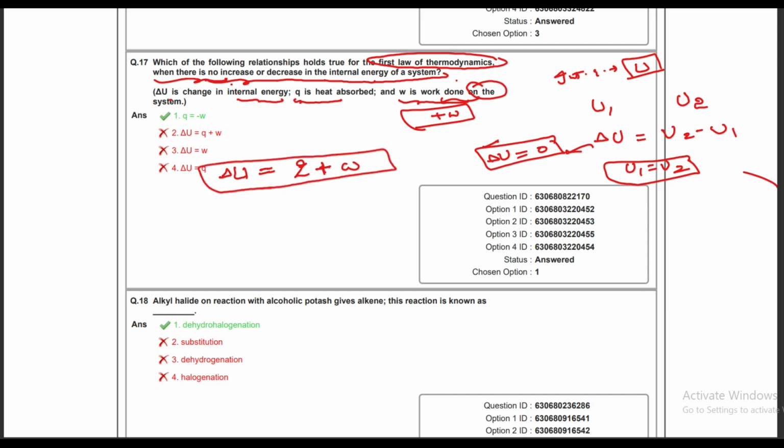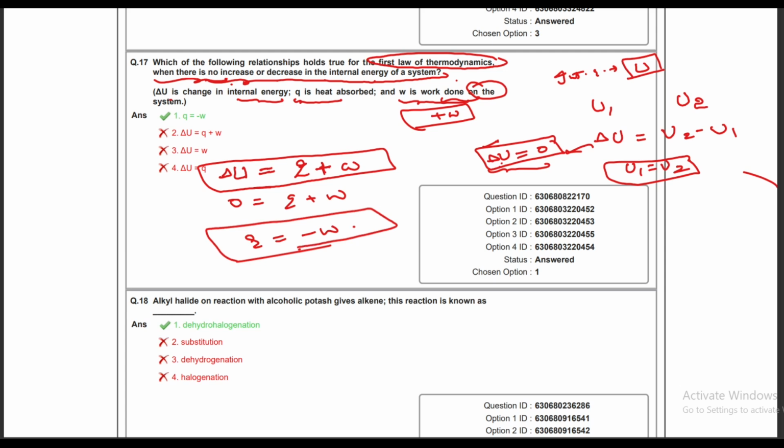We are already saying that there is no change in internal energy, so delta U is equal to 0. In that case heat is equal to minus W, and the first option is our correct answer. Clear?